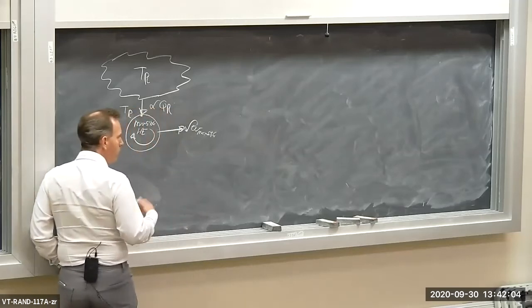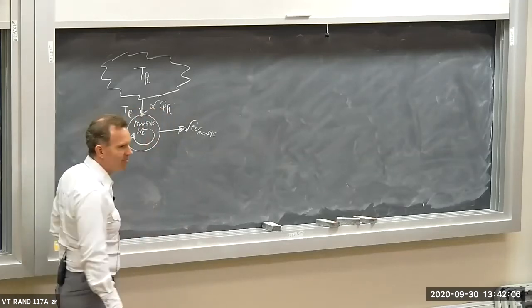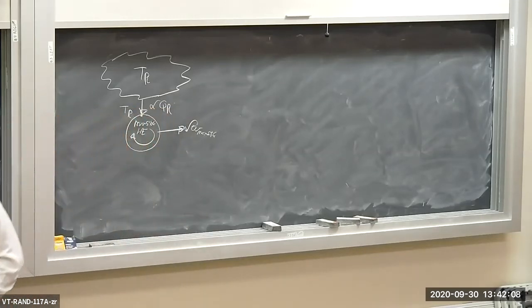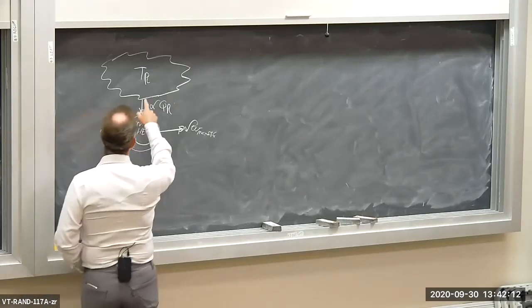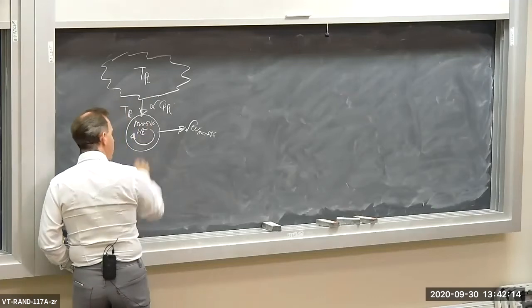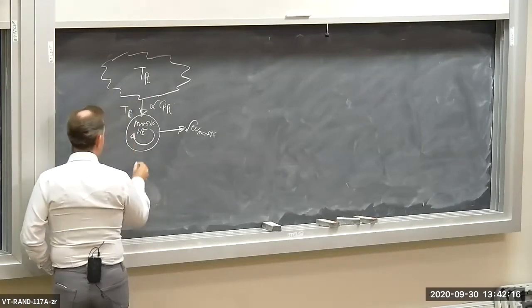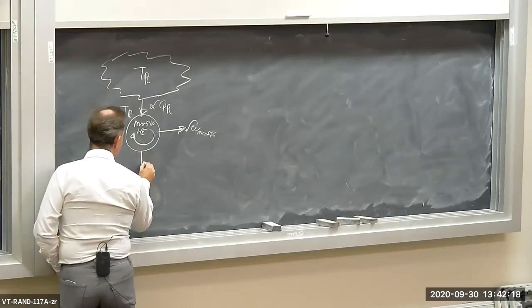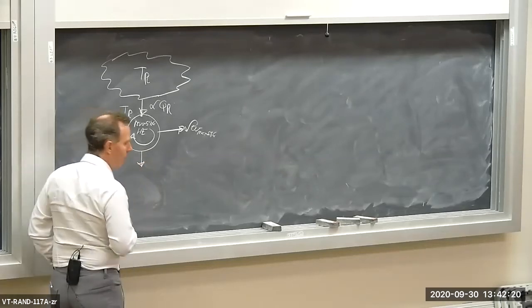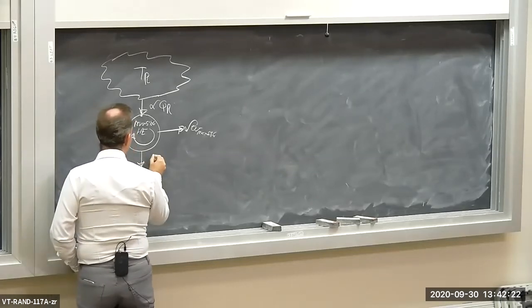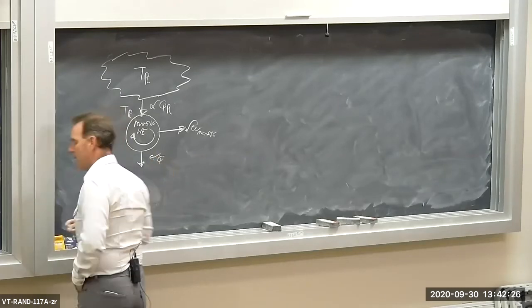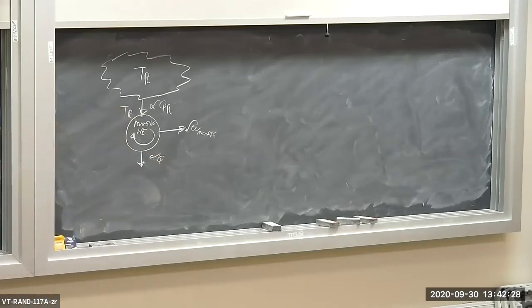Now, of course, this reversible heat engine as it stands violates the Kelvin-Planck statement of the second law. We only have heat being transferred from a single reservoir. We don't have any heat being rejected. So I'm going to reject some heat here, and I'm going to call this heat del Q.